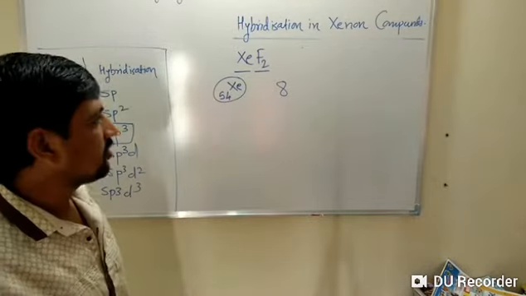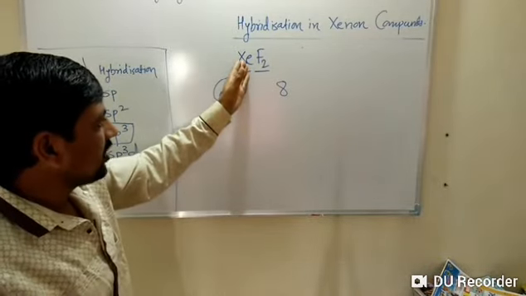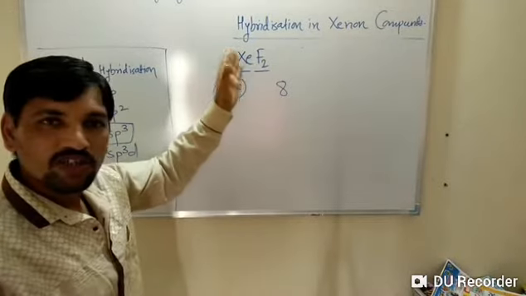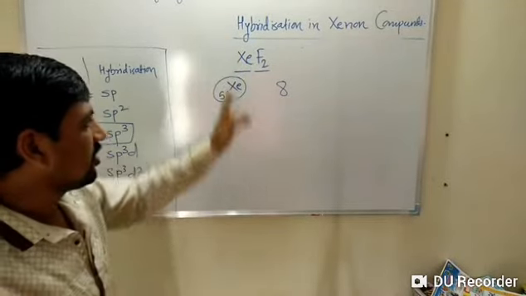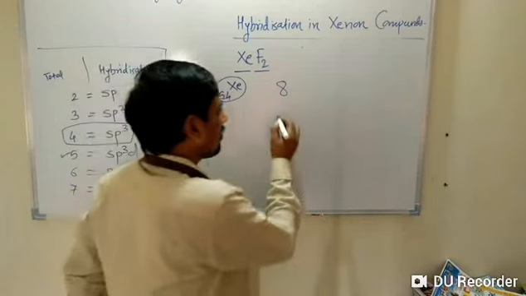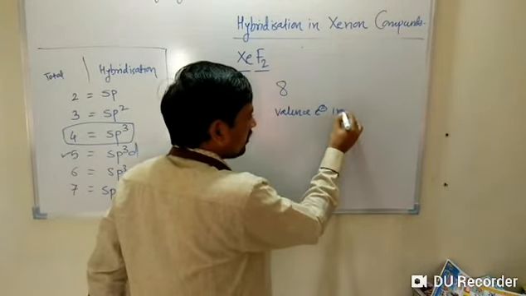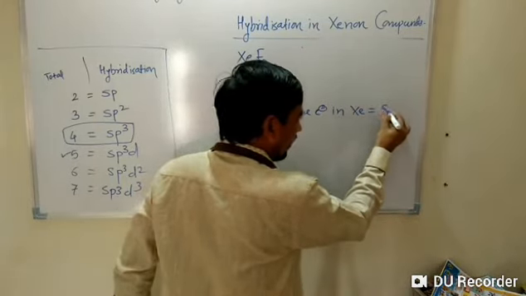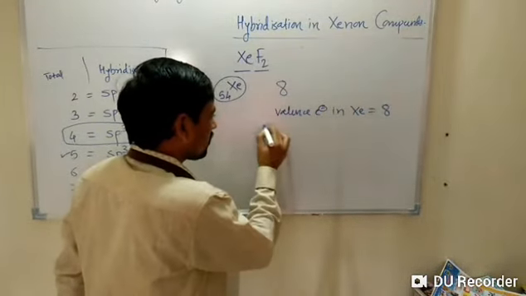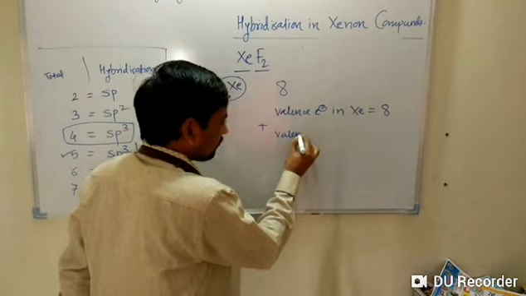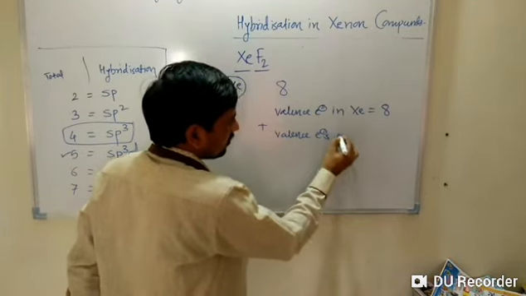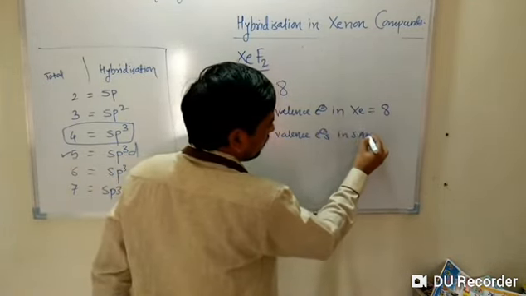On the basis of this, you can easily find the hybridization of the corresponding molecule, here xenon in xenon fluorides. The valence electrons in xenon is 8, plus the valence electrons present in the surrounding atoms.